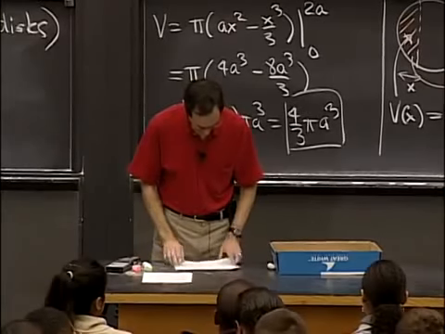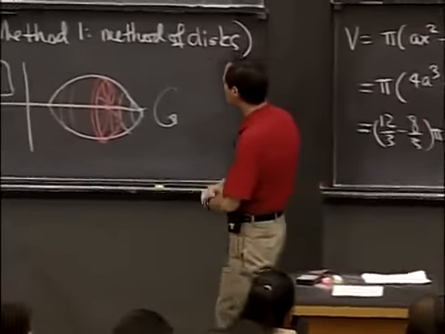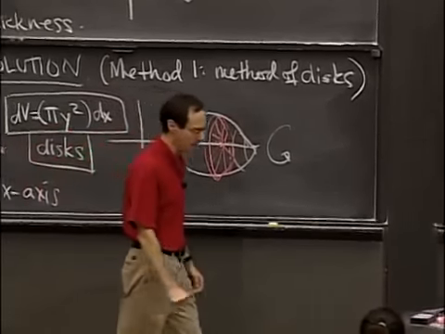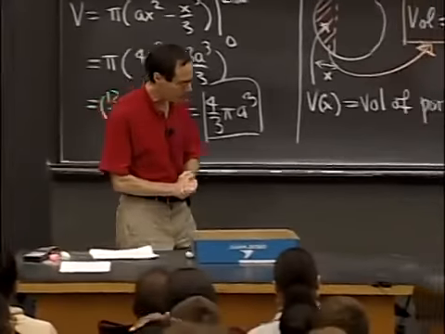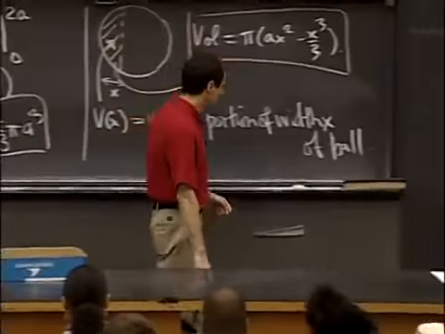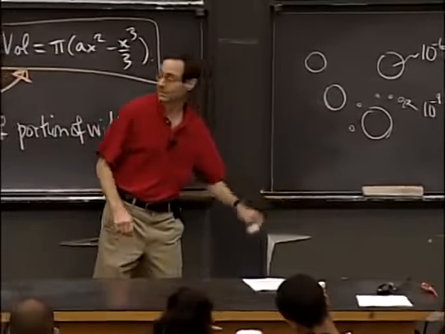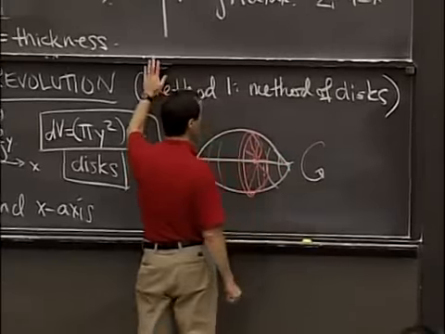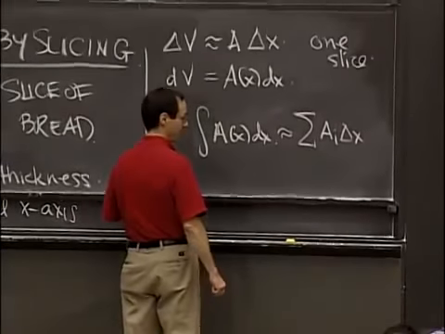Okay, so now I called this method 1 for solids of revolution, which is called the method of disks. And now I need to tell you about the other standard method, which is called the method of shells.